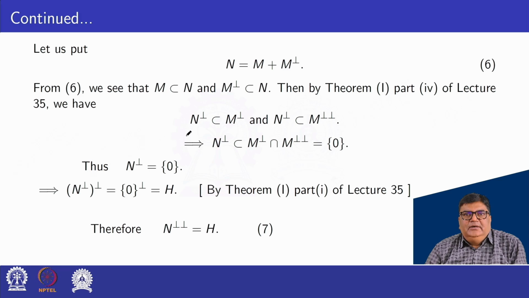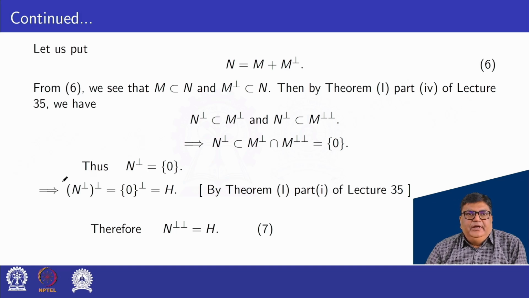This implies that N perpendicular is a subset of M perpendicular intersection M double perpendicular, which is equal to the singleton set 0. Thus, N perpendicular is the singleton set 0.